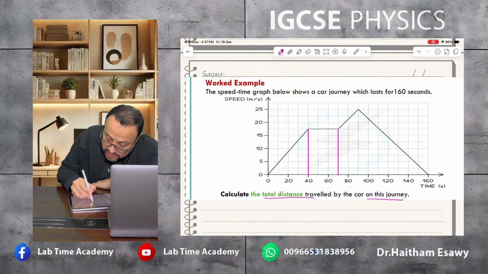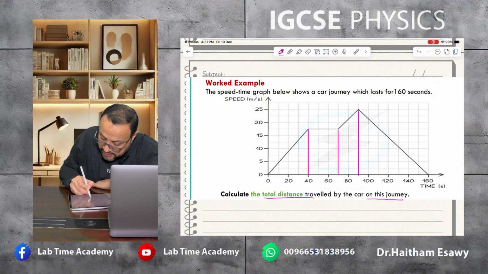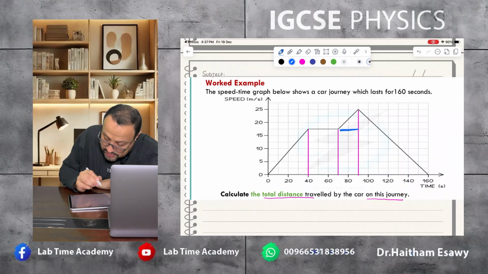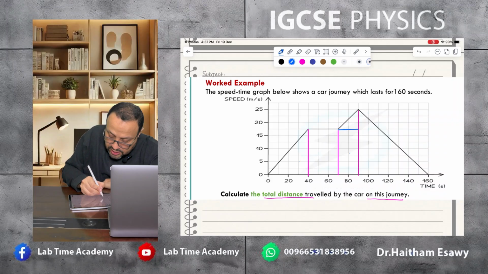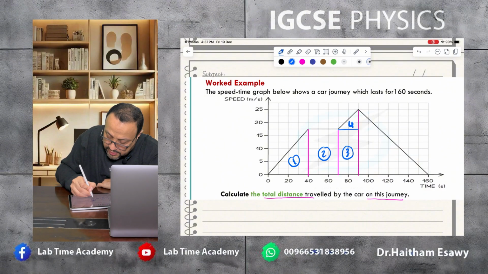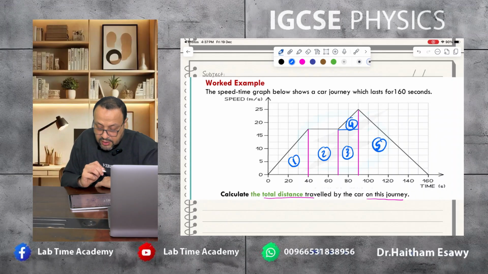I can draw this vertical line till it reaches the time axis, and then I will draw this line. So here we have 1, 2, 3, 4, 5 shapes: this is shape number 1, second shape, third shape, fourth, and fifth shape.